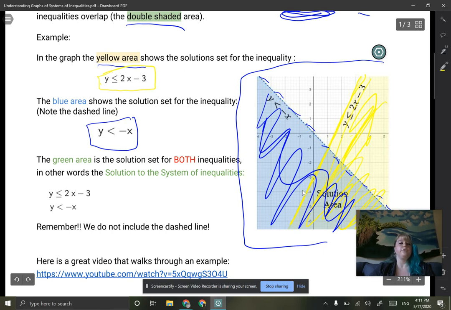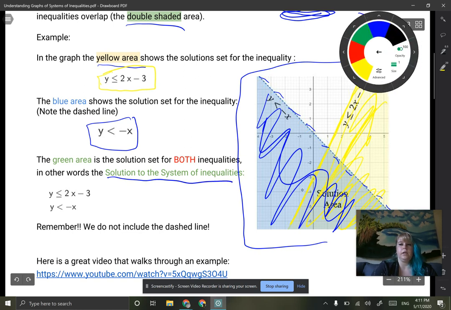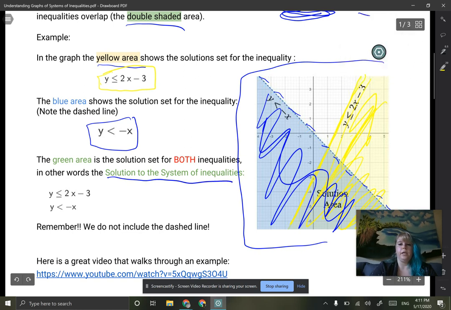Okay, so now the solution set to a system of inequalities is the green part, okay? And it's the green part because that's where both inequalities are shaded. So we include the solid yellow line part. I'm going to make it solid green because it's our solution area. And then the dashed blue part or the dashed green part.